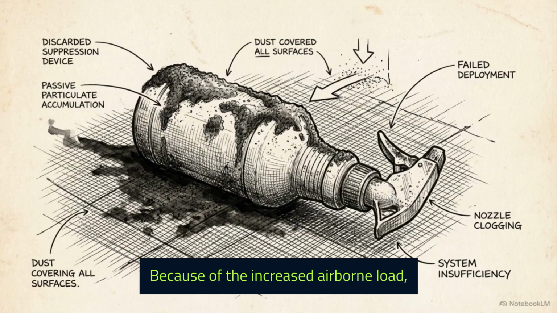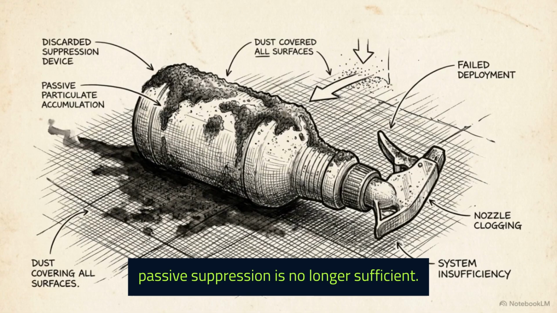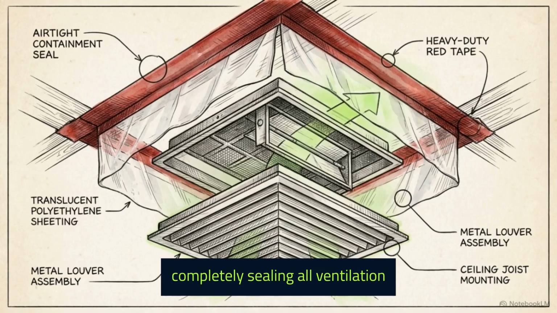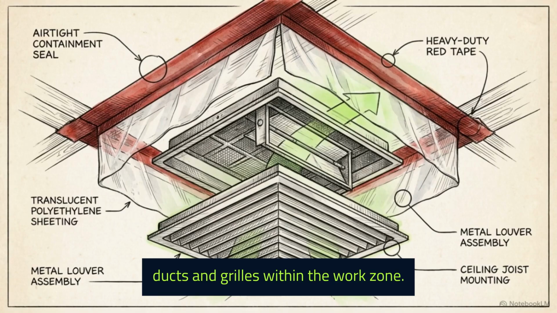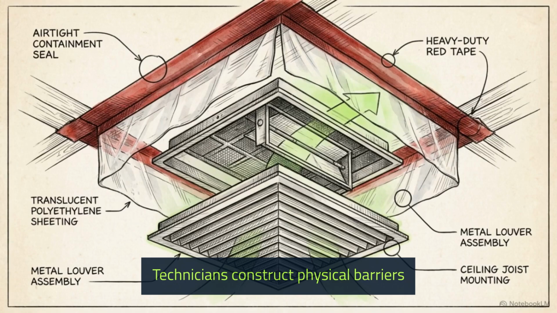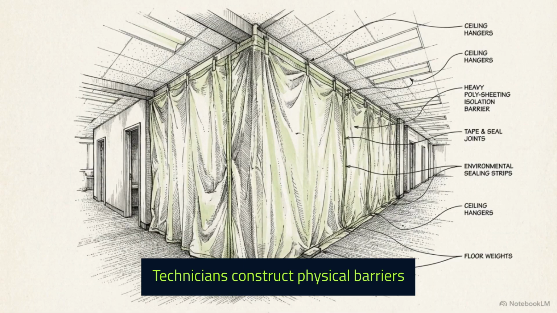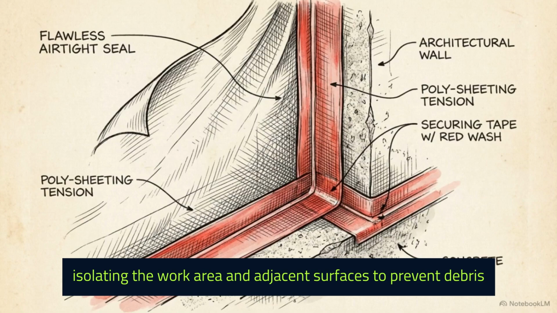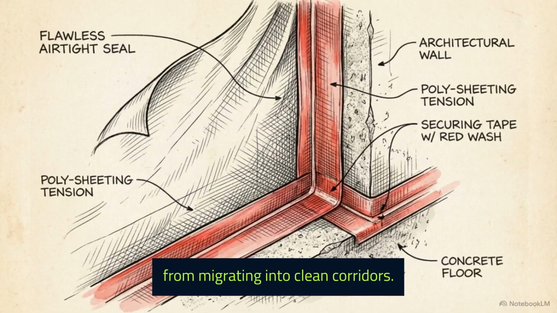Because of the increased airborne load, passive suppression is no longer sufficient. The first layer of active architectural containment requires completely sealing all ventilation ducts and grills within the work zone. Technicians construct physical barriers using secured plastic sheeting, isolating the work area and adjacent surfaces to prevent debris from migrating into clean corridors.